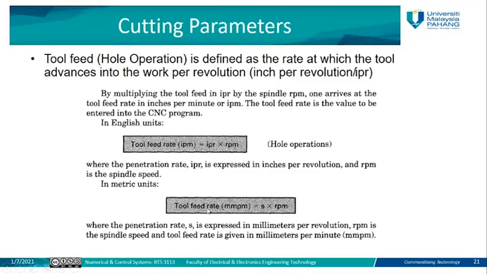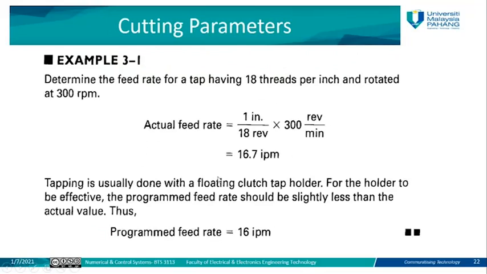There is one example to show how we can apply this formula. It says: determine the feed rate for a tap having 18 threads per inch and rotating at 300 RPM. It gives you the RPM and the threads, so you just need to find the actual feed rate.